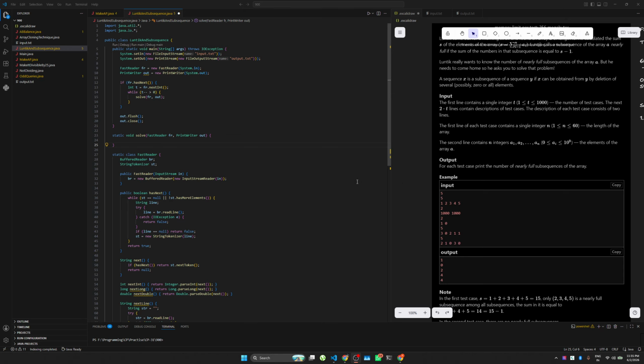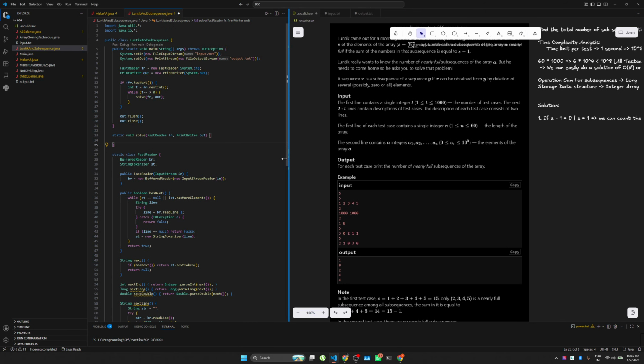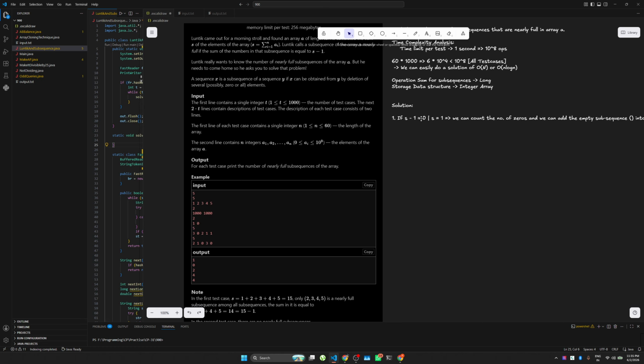All right. So I have created the file name for this problem and I think I do understand something. So instead of looking at it with the eyes of subsequences, why don't we focus on this? So s minus 1, right? We are looking for subsequences whose total sum is equal to s minus 1, correct?